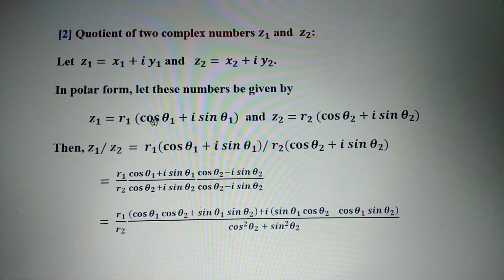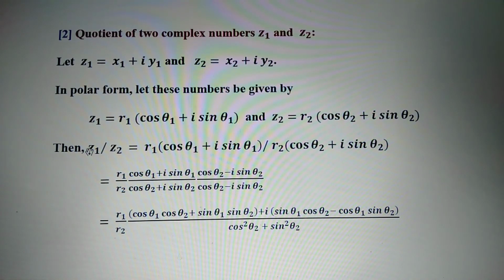In polar form they can be written as r1 cos theta 1 plus i sin theta 1 and r2 cos theta 2 plus i sin theta 2, as we have seen in the previous case while taking the product of two complex numbers. So R1 is the modulus of Z1, theta 1 is the amplitude of Z1, R2 is the modulus of Z2, and theta 2 is the amplitude of Z2.